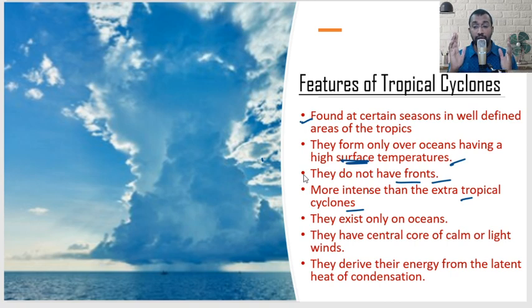They have a central core of calm or light winds, and they derive their energy from the latent heat of condensation. What is this latent heat of condensation? The water molecules have been warmed up, changing into gaseous molecules, and these gaseous molecules get updrafted because of the heat generated along the water body.